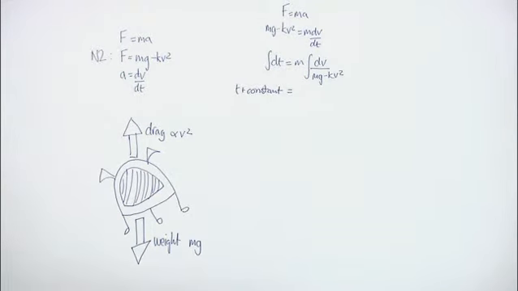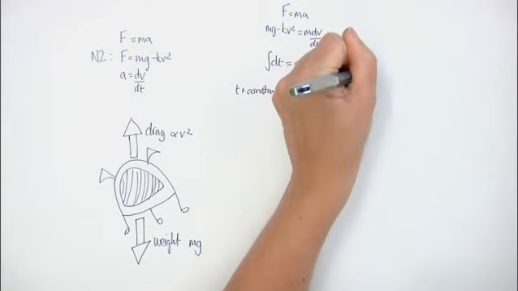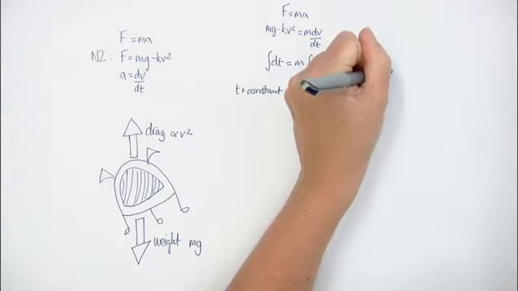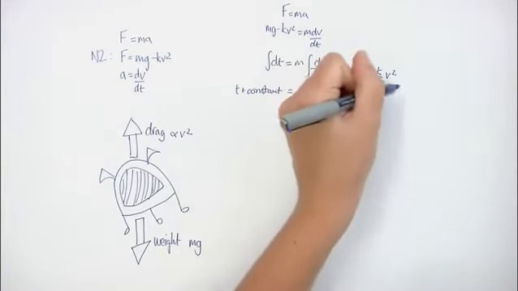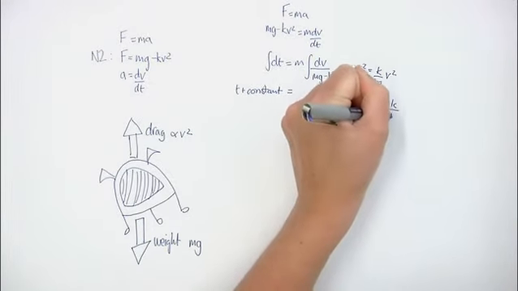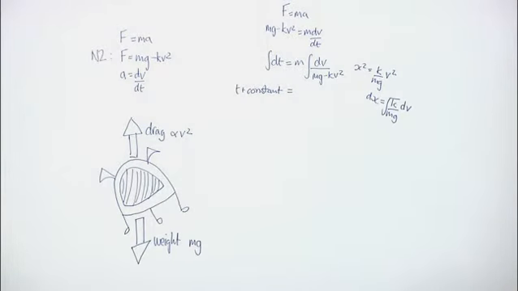Integrating the right-hand side, however, takes more skill. First, let's get rid of the system parameters g, m and k by making the substitution x squared is equal to k over mg times v squared, and that gives dx is equal to the square root of k over mg times dv.